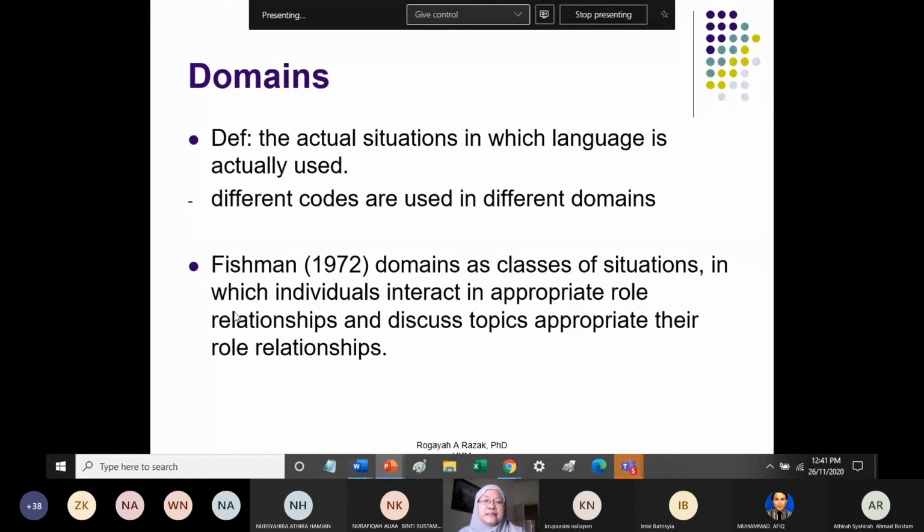Fishman in 1972 studied domains as classes of situations, how individuals interact in appropriate role relationships. That means we interact according to the relationship that is already established. So I'm now interacting with you. I'm a lecturer, you're a student. So that is an already appropriate role relationship. When I speak to my husband, I'm the wife and he's the husband.